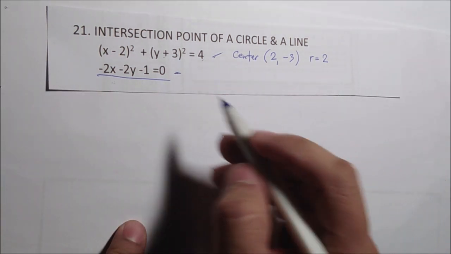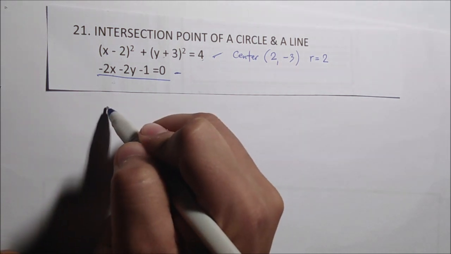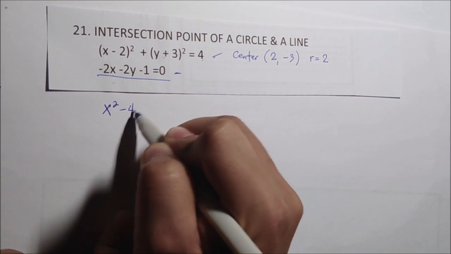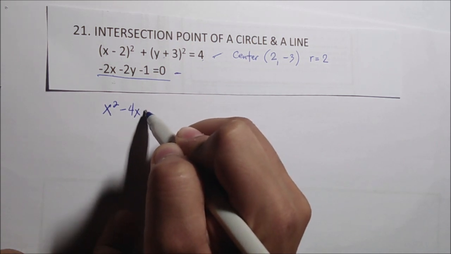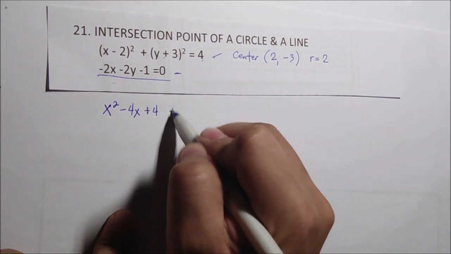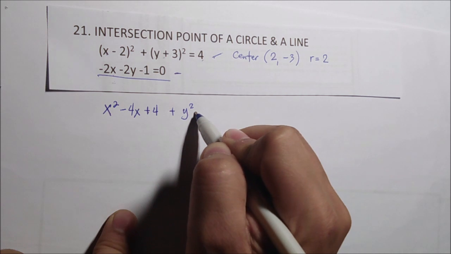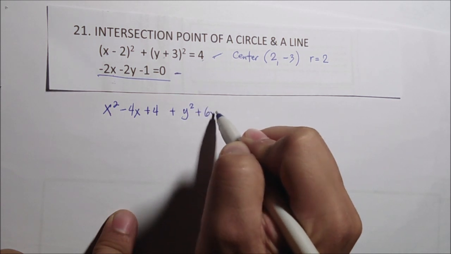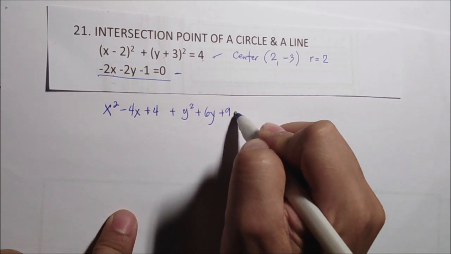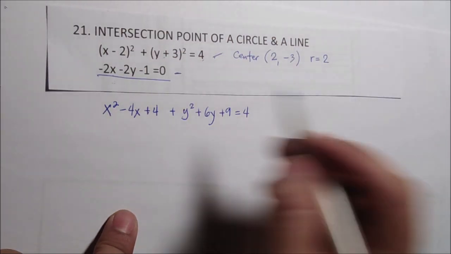Okay, so first we have to expand: x² − 4x + 4 + y² + 6y + 9 = 4.